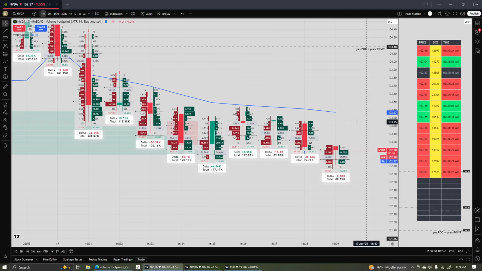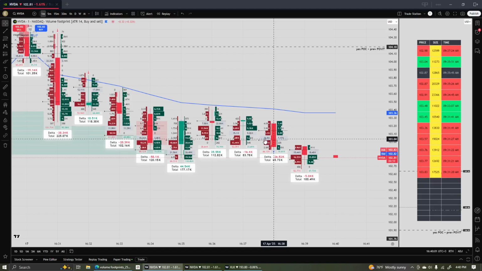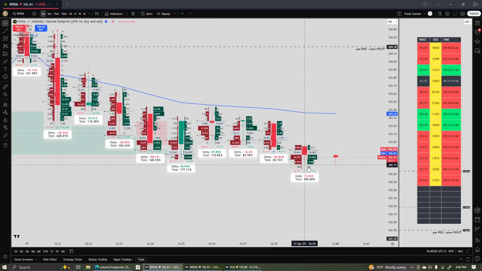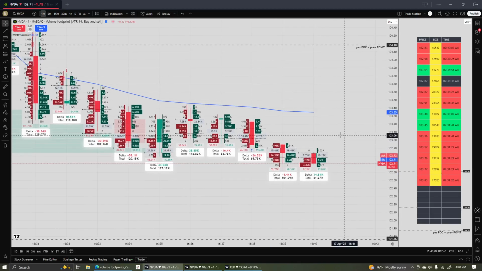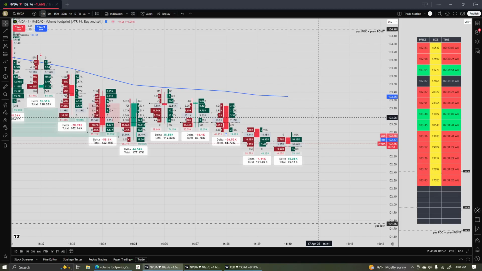It's not the most impressive of candles in delta. Why? Because this is showing that there was some level of buying as well. Delta is negative and this is negative as well. But don't see things from a buyer's bias, Ahmad. Let's see how this candle behaves.